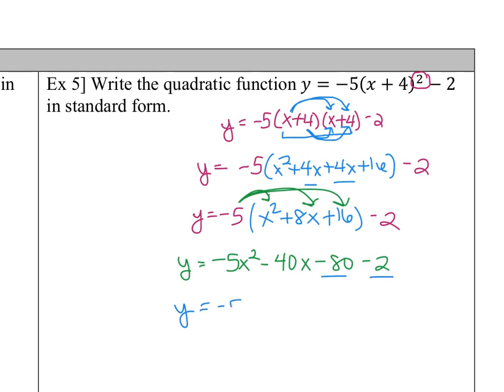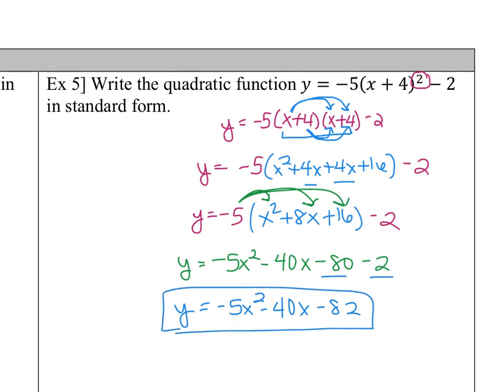So y equals negative 5x squared minus 40x minus 82. So this is the standard form equation that goes with this vertex form equation. Again, these are the same parabolas, just written two different ways. Sometimes standard form may be more useful than vertex form, just depending on what the question is asking.